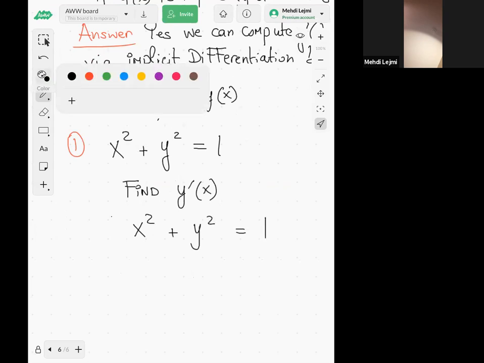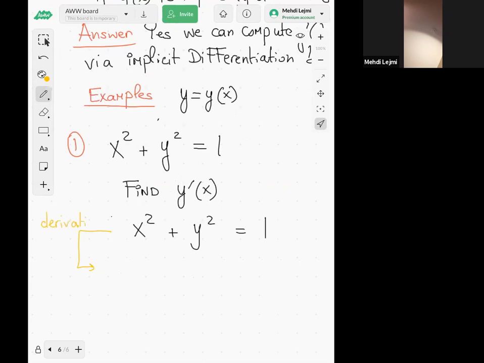Let's compute the derivative of both sides. So what will be the derivative? Let's start with the x squared. If you want to compute the derivative, you don't need a product rule or quotient rule or anything, because it's a plus here, so it's a sum. If you have addition, then you don't need any rule.